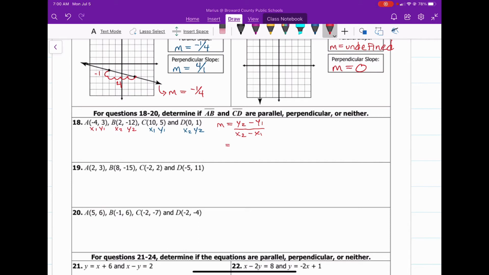That gives us -12 minus 3 divided by 2 minus -4, which equals -15 over 2 plus 4. That becomes -15 over 6, and we reduce that to -5 over 2. So the red ones are -5 over 2.